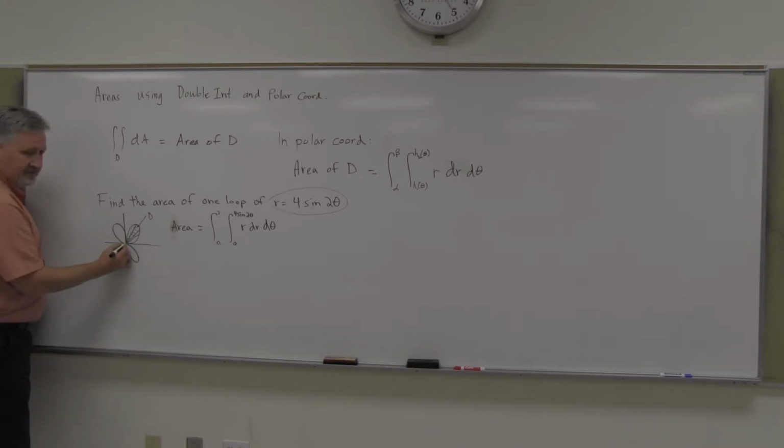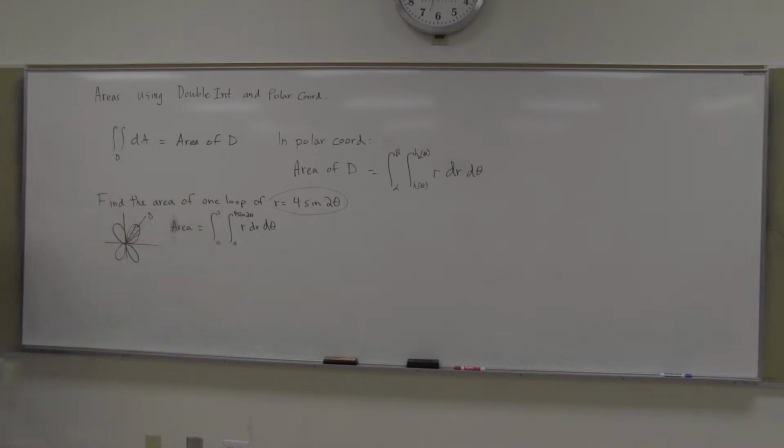I start at r equals 0, which is theta equals 0, and then sweep it out. When I come back and sweep the whole loop out, again r is 0, so I need the theta angles where r equals 0.